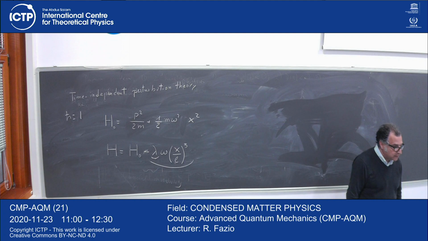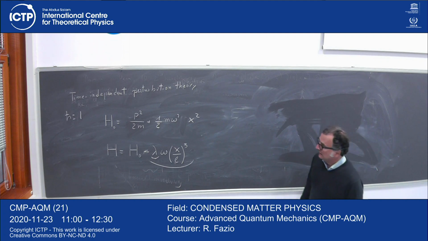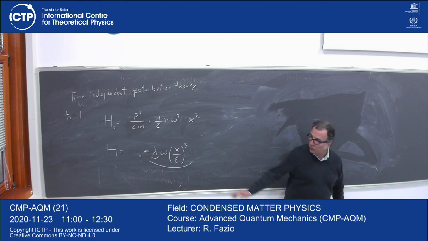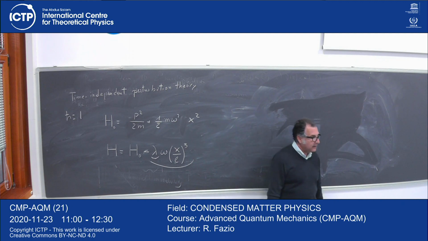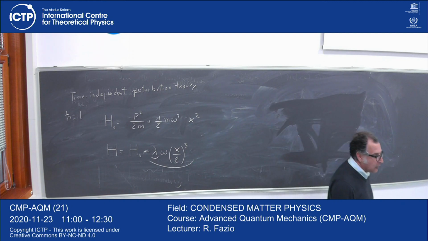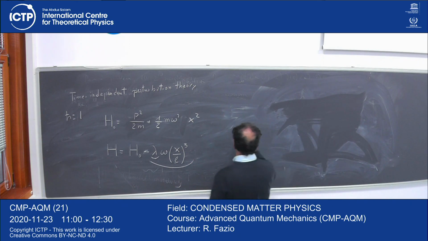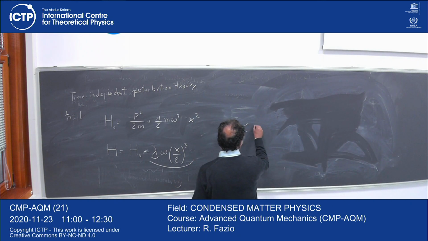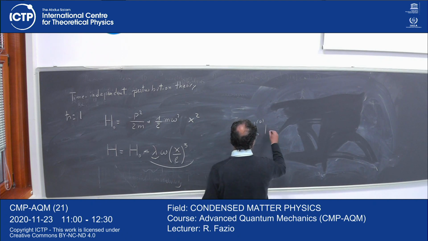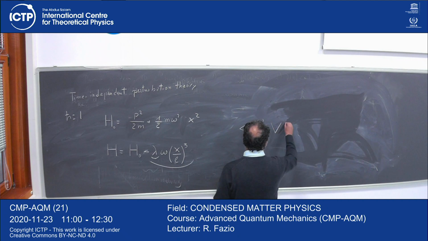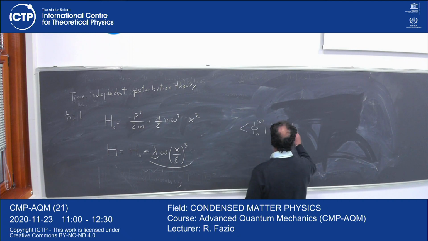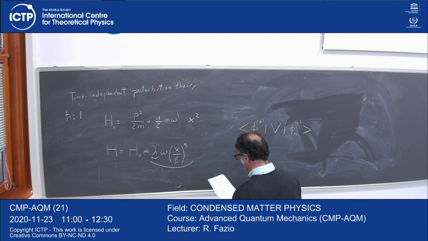Now, I have a question. If you look at this potential, can you tell me if the first order correction, so we just saw that the first order correction is something like phi 0 of n V phi 0 of n, okay?